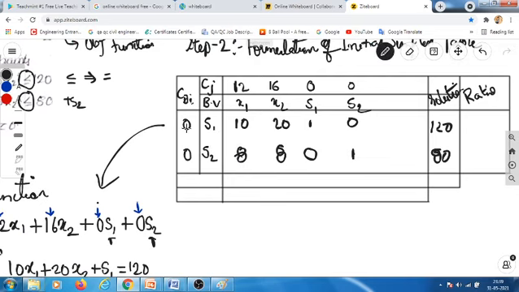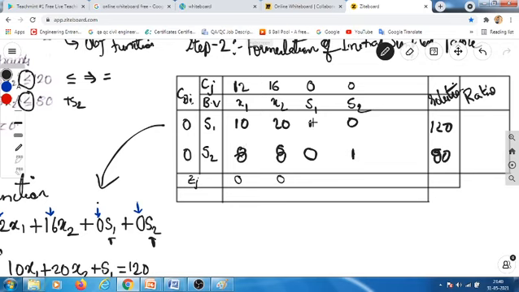Sigma Cbi means the value of Cbi: 0 into 10 plus 0 into 8. This value we need to write over here. This is our Zj. So, Zj is 0 into 10 plus 0 into 8, which is 0. Similarly, 0 into 20 plus 0 into 8, here also we have 0.